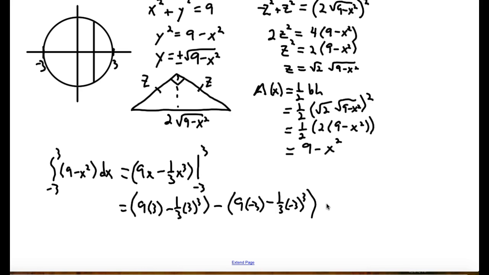So when we evaluate all of this, I think we could take a minute to try to work this all out by hand, but I think if we just plug that into the calculator, we end up with 36. And remember, if this is a free response question, we could stop at this step right here. Okay? But what we found is this volume of this weird looking shape would be 36.